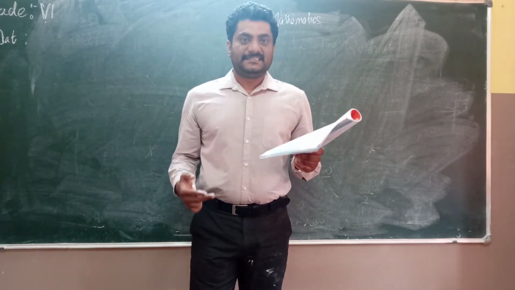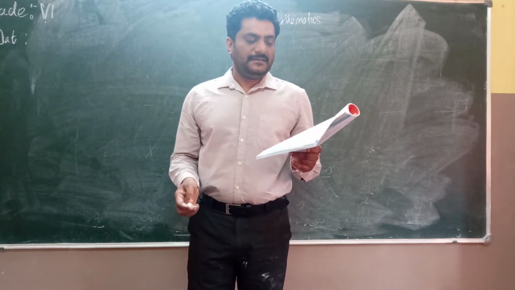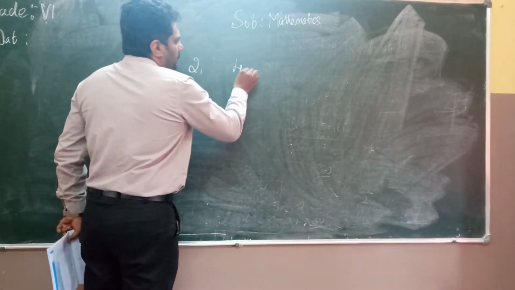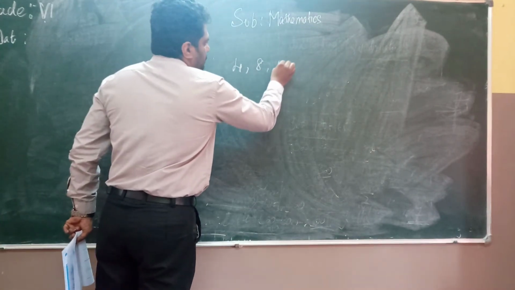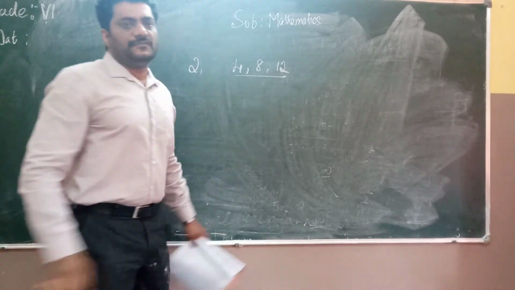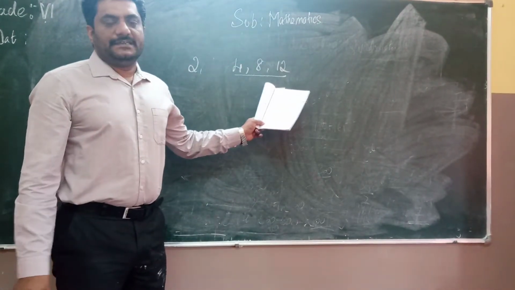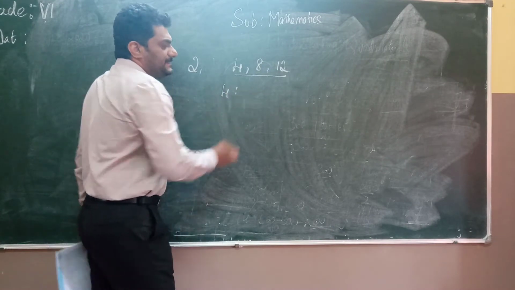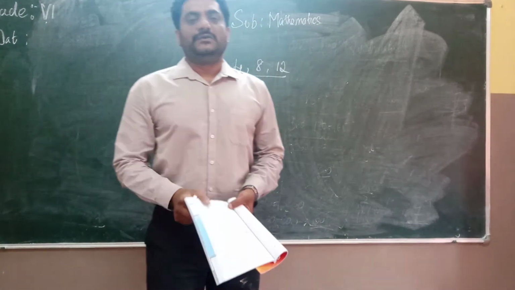Now, in the next question, that is the second question, there are three numbers: 4, 8, 12. Okay? Now, we need to find the common factors of all three numbers. Let's start with 4. Now 4 is divisible in which all tables?